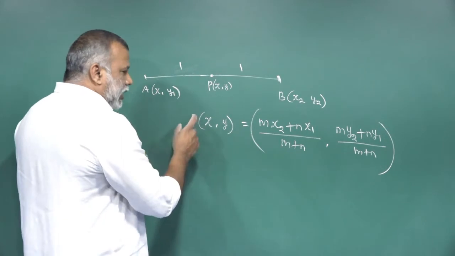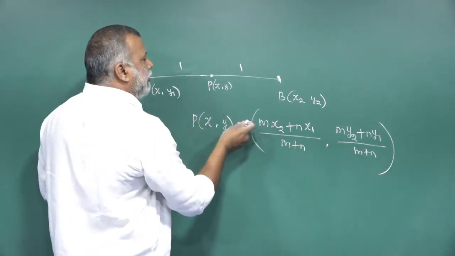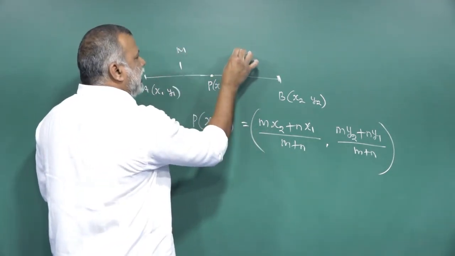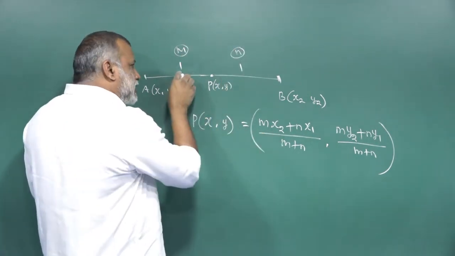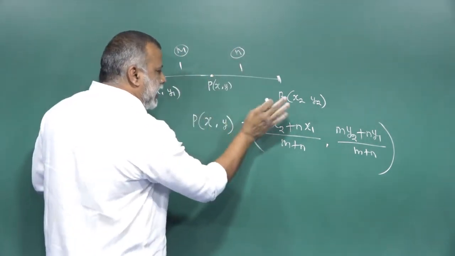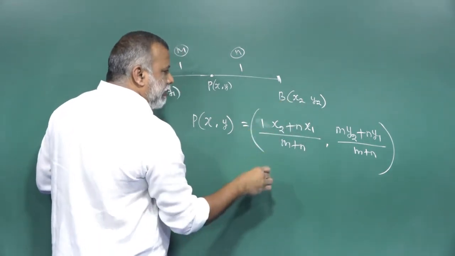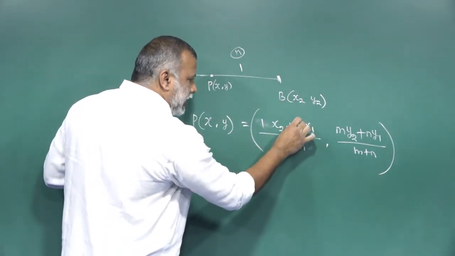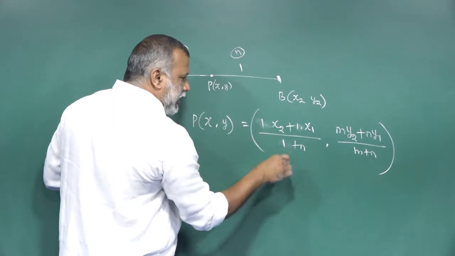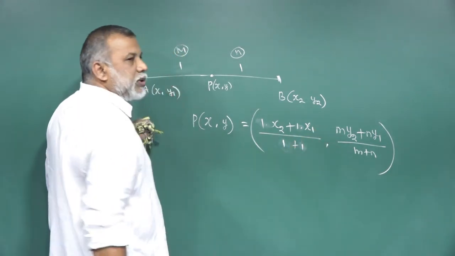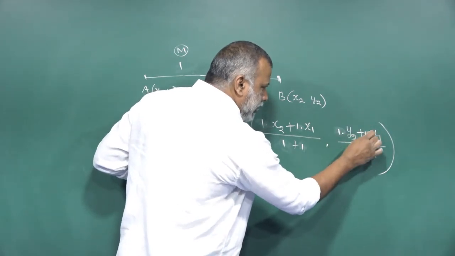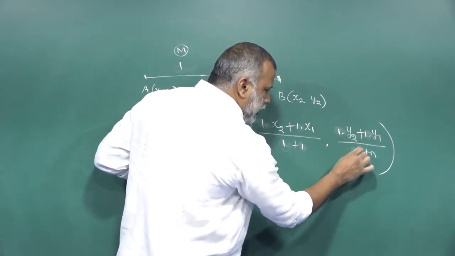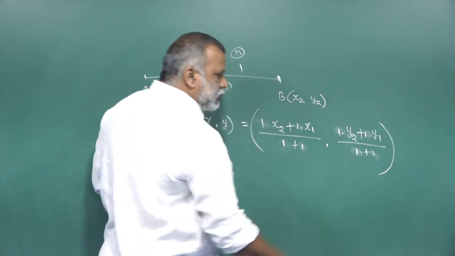Now see, in this result, I need to eliminate this m:n. This is the general formula we just now worked out. Instead of m:n, I am replacing m as 1, n as 1, here also m as 1, n as 1, and here also m as 1, n as 1.